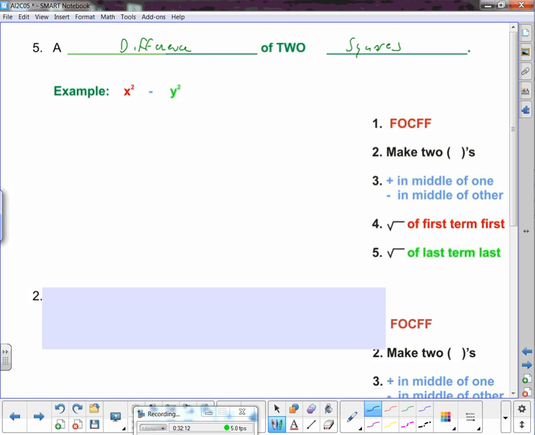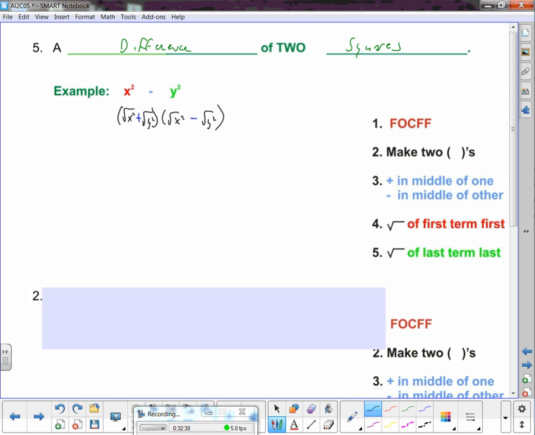There are none. 2 parentheses. Plus sign in the middle of the first and minus in the middle of the last. Take the square root of the first term and put it first. Take the square root of the back term and put it in the back.